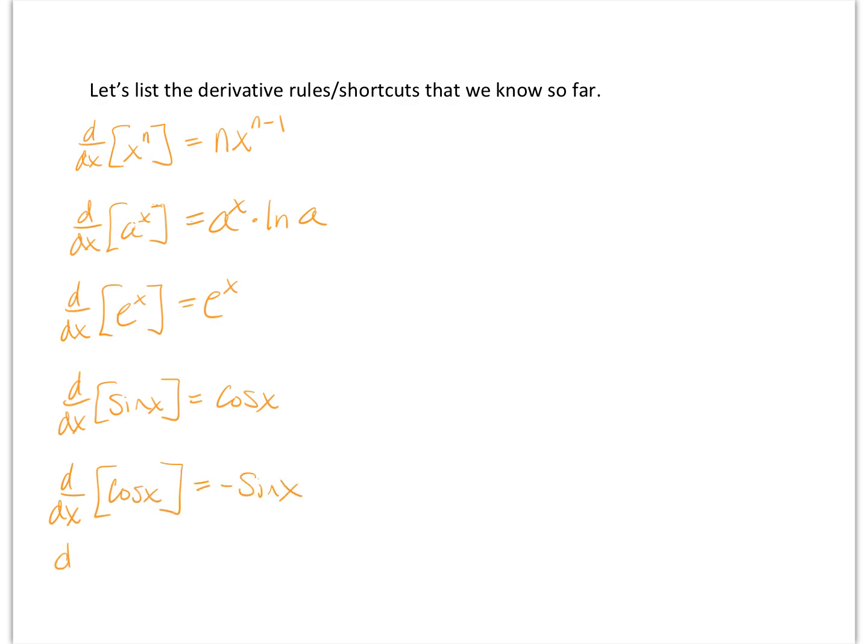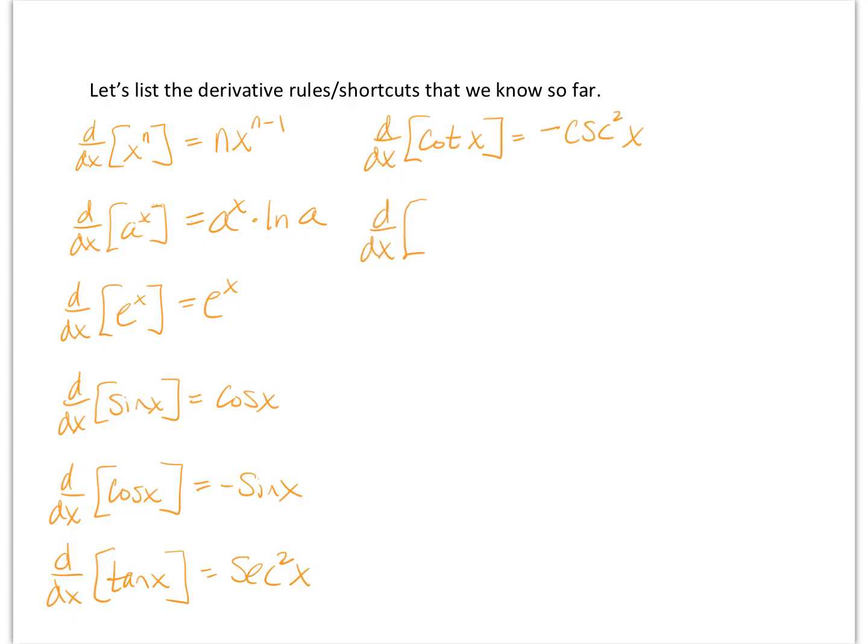We know that the derivative of tangent is secant squared. We know that the derivative of cotangent is negative cosecant squared.